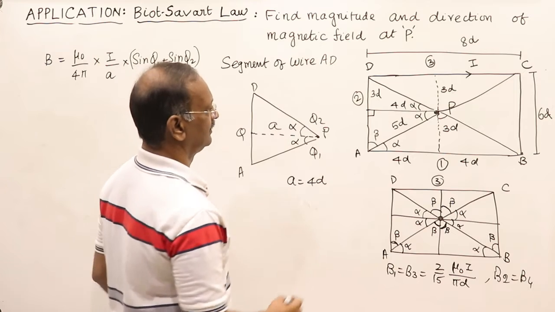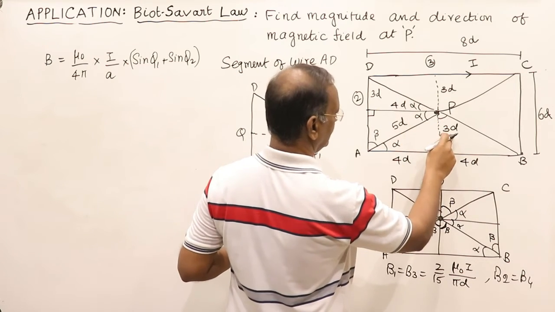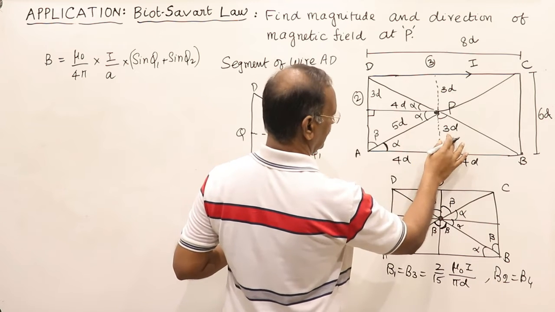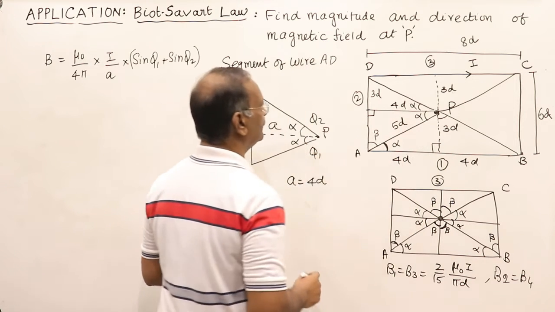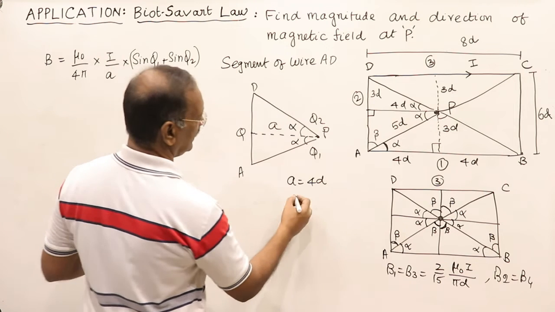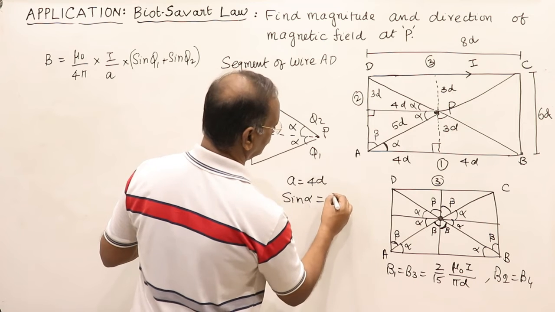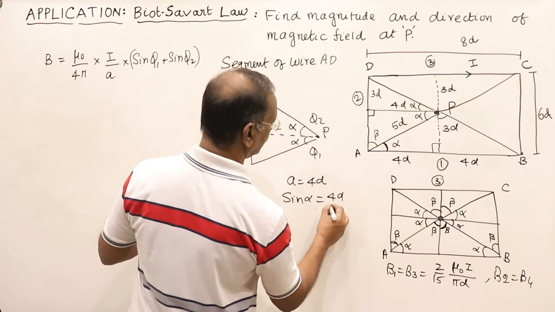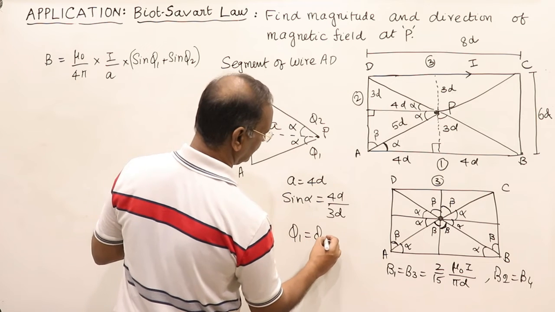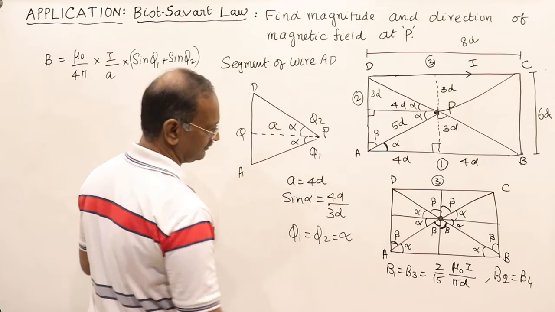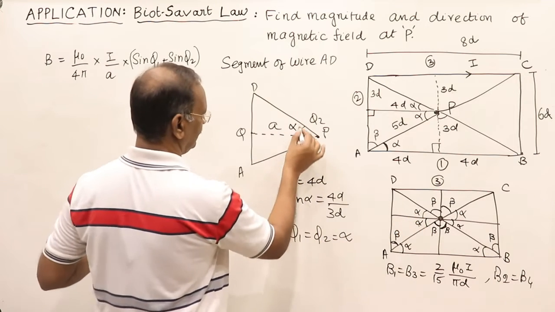Sin of alpha is this by this, base divided by hypotenuse, which is equal to 4 by 5. Phi 1 is equal to phi 2 is equal to alpha. For this sector, this is phi 1, this is phi 2.